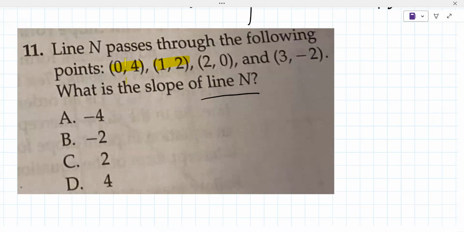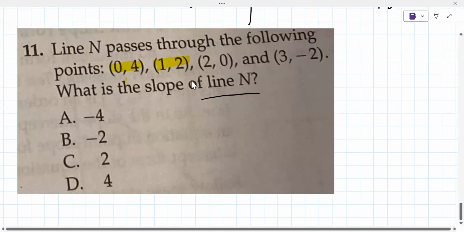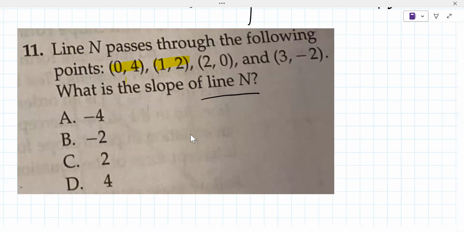So y1 is 2. So -2/1. Okay, so which is the correct answer?